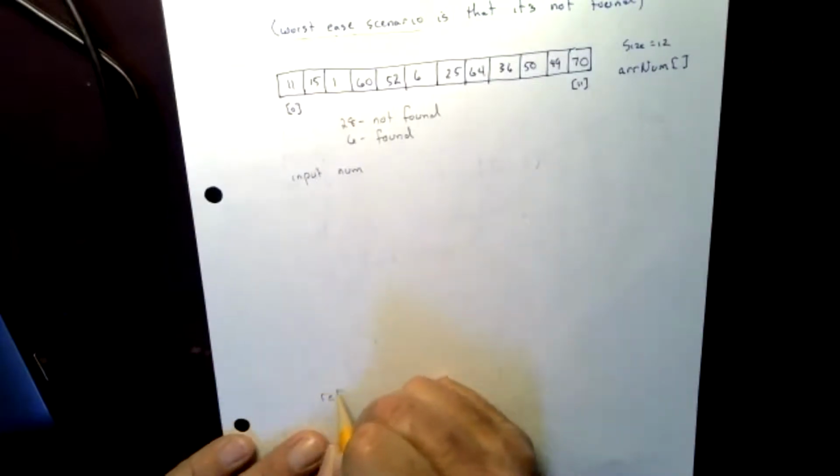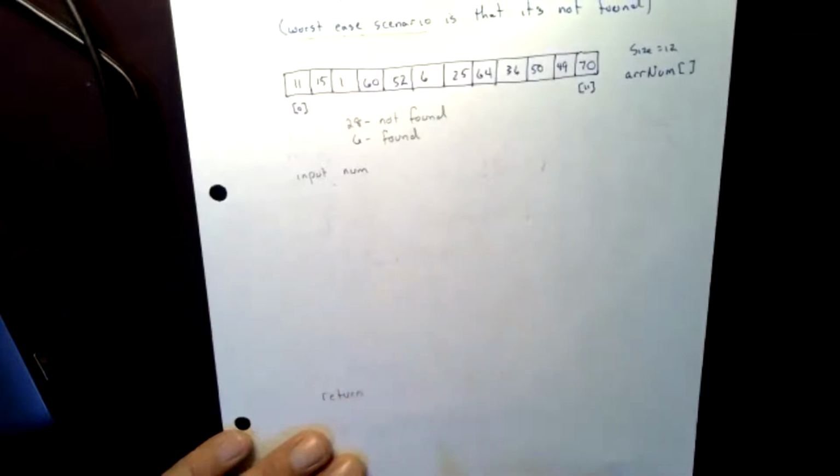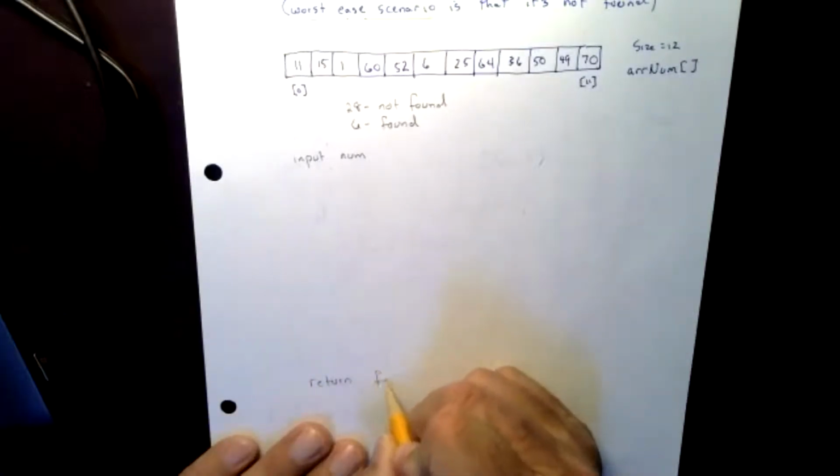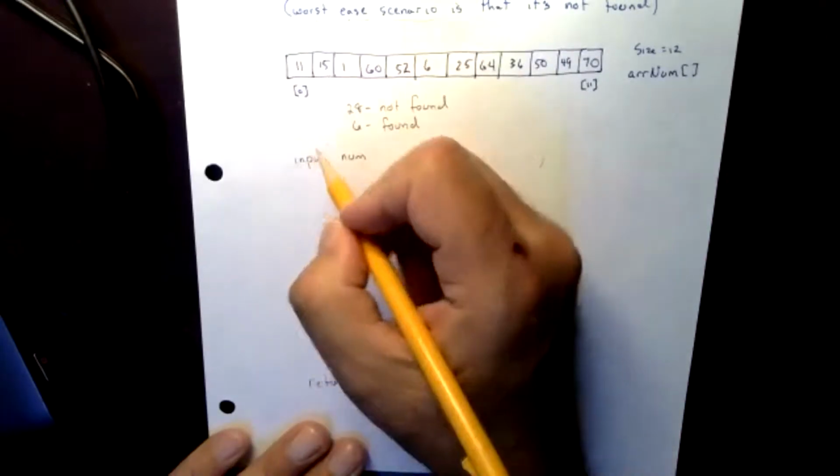All right. So I'm going to input a number and down here, I know I want to return something. This is a function. What am I going to return? Good. We'll return a Boolean. We'll return a Boolean called found. And found will be either true or false.